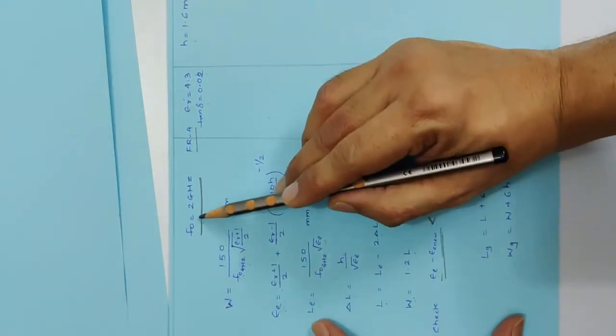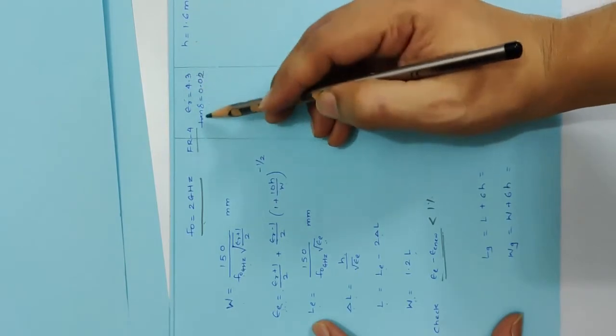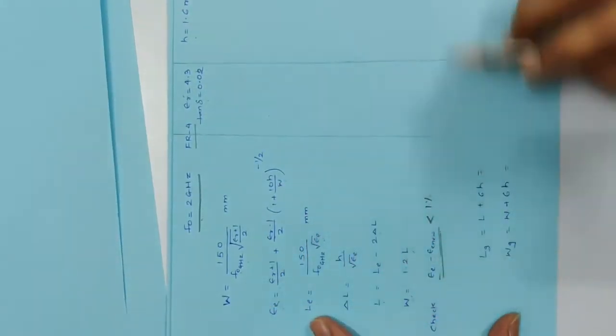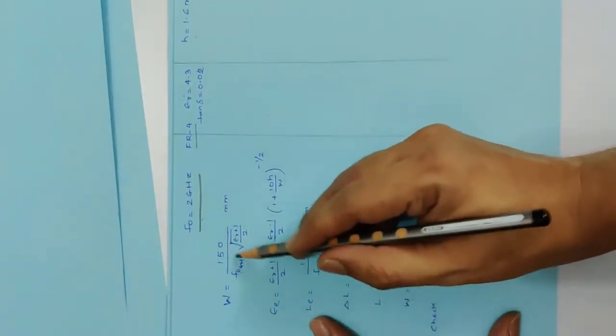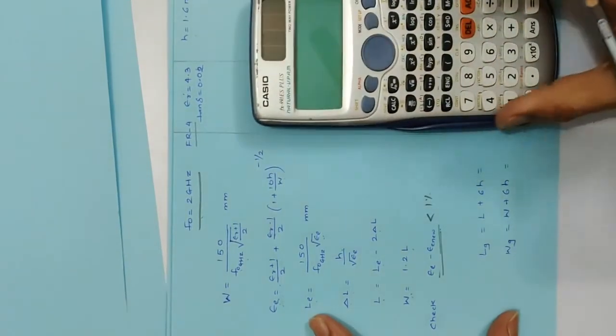So we have F0 equal to 2 GHz, FR4 substrate, epsilon r 4.3, tan delta 0.02 and H equal to 1.6. So when I calculate W using this formula, we'll see a few calculations.